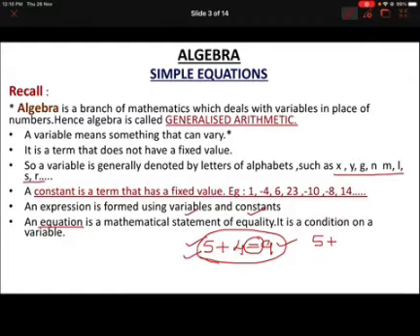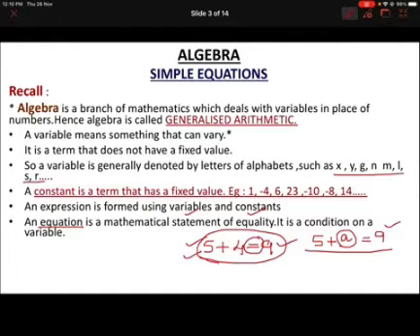Let us take it as, say, A. A is a variable because A can vary in its value. So, I am writing a mathematical statement, 5 plus A equals 9. So 5 plus A equals 9 is a mathematical statement. So I call this an equation.